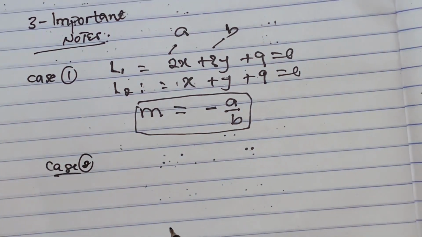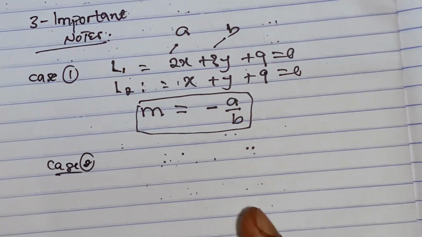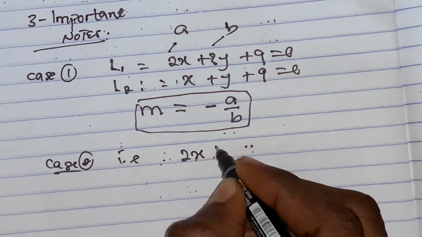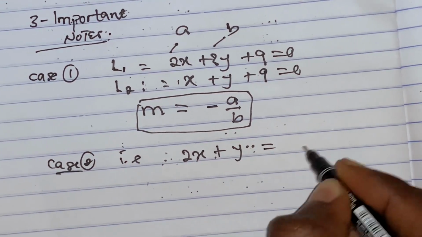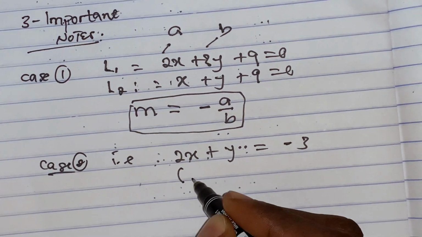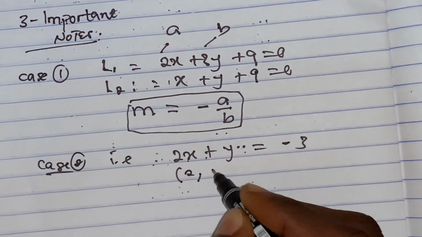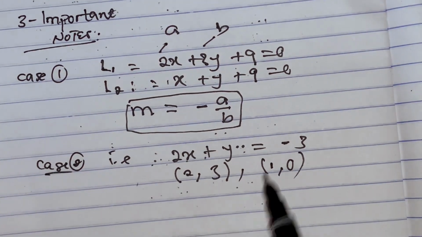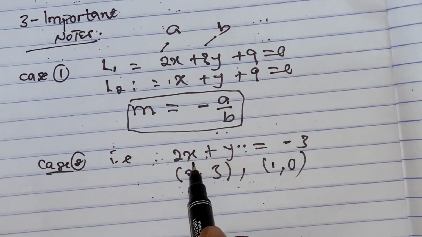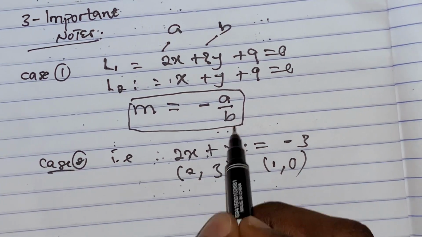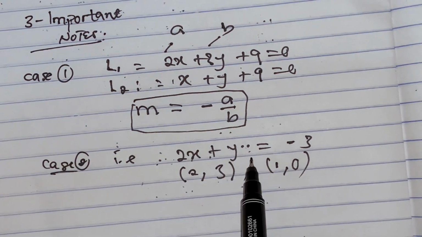In case 2, you might be given one line and 2 points, i.e. 2x plus y equals negative 3, and the points might be given to you as (2, 3) and (1, 0). So in this case, from line 1, you will use this formula, m equals negative a divided by b, to find the gradient of this line.